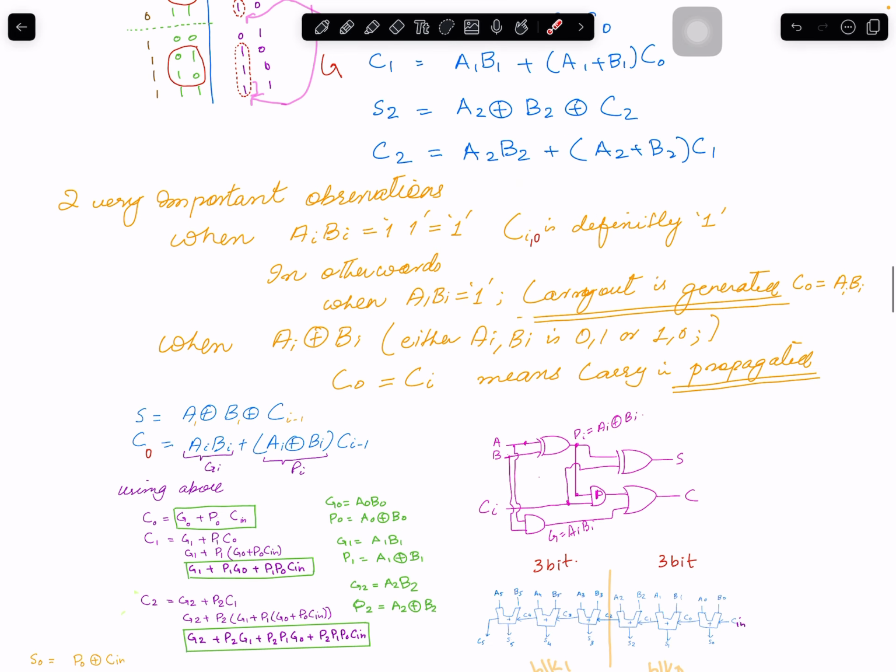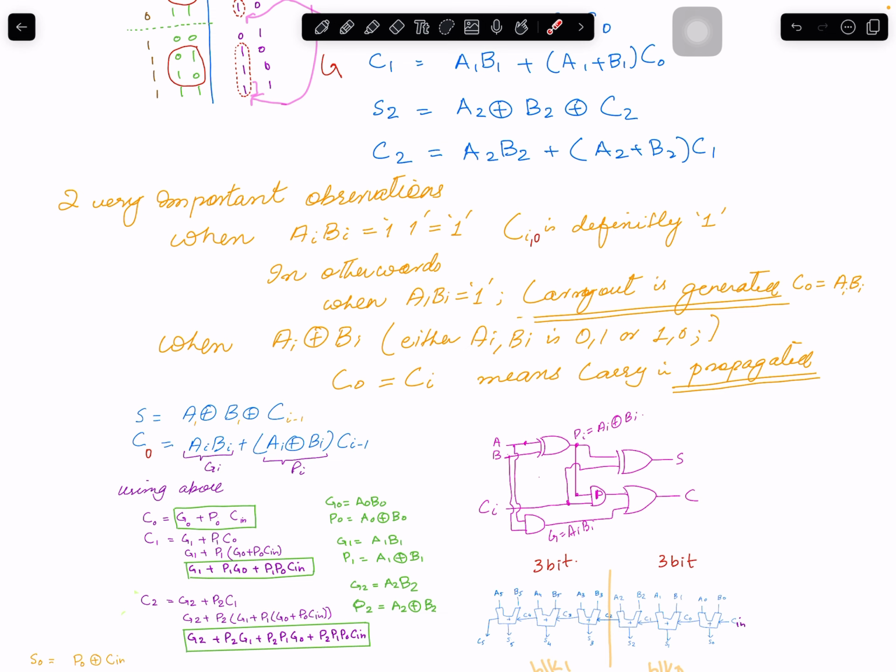But by putting CI in, what we ensure is, okay, let's say these are 0 and 1 or 1 0, then this term will be 1. But then depending upon the carry input, if this is 0, this whole thing becomes 0. If this is 1, this whole thing becomes 1. So that's where the advantage is.